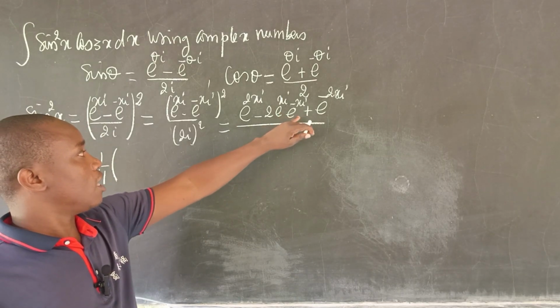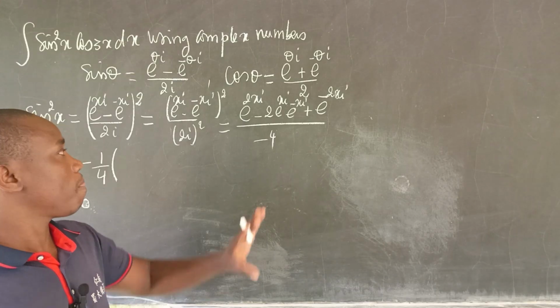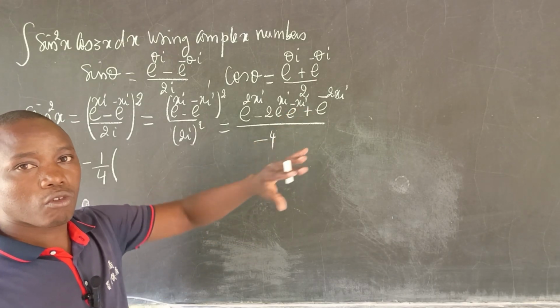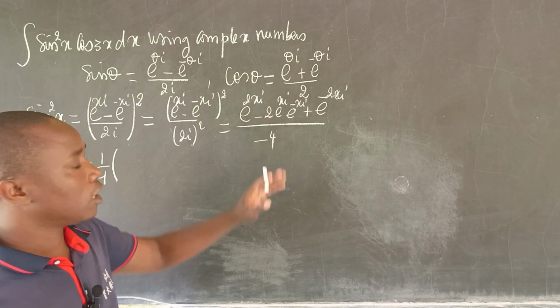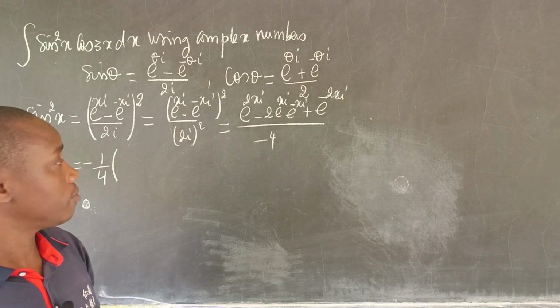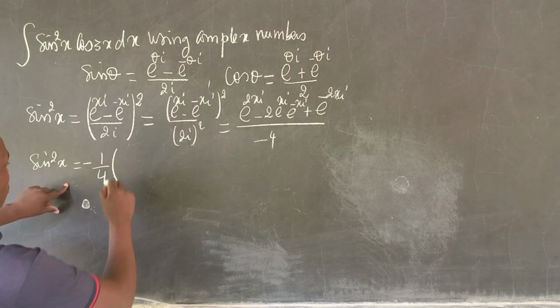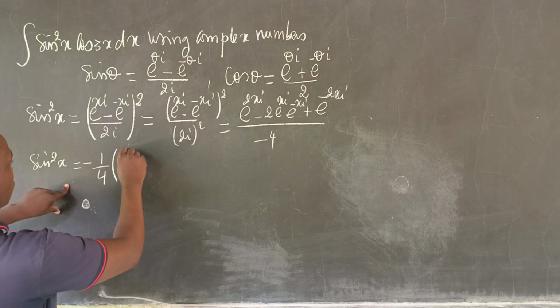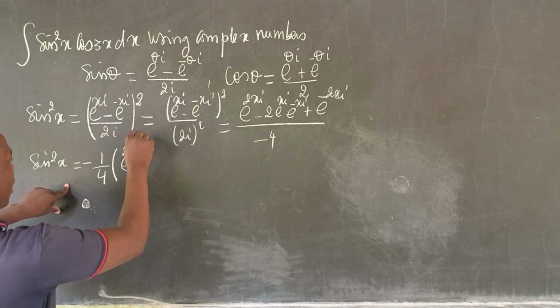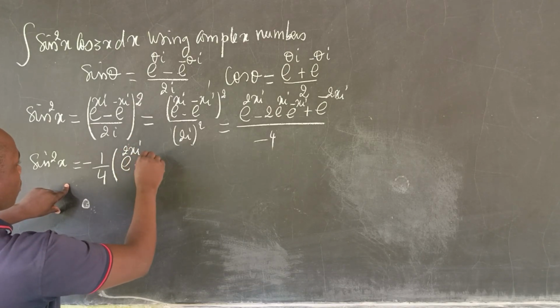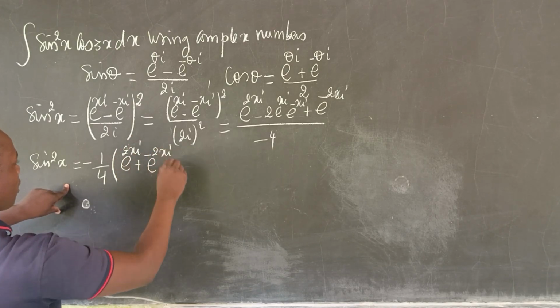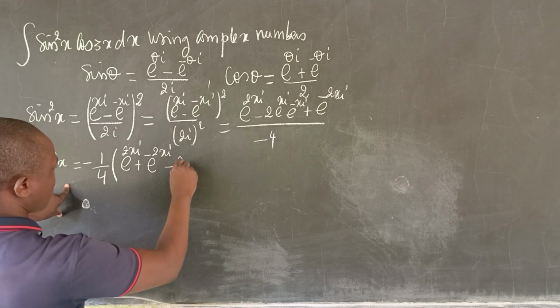So, as you know, when multiplying the powers with the same base, we add up their exponents. Okay, this is equal to exponential of 2xi plus exponential of minus 2xi minus 2.